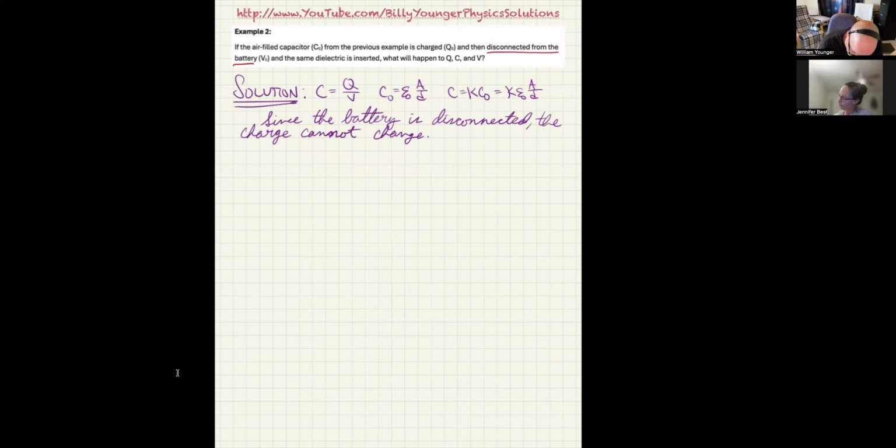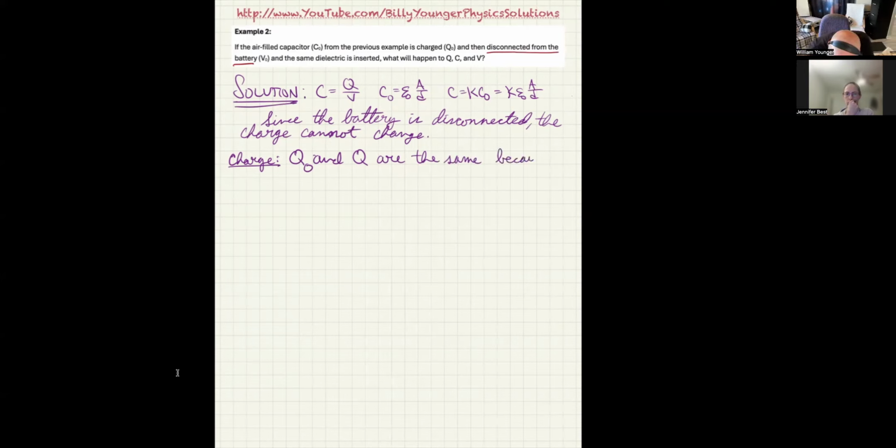So first off, let's talk about charge. Charge Q0 and Q are the same because the battery has been disconnected.